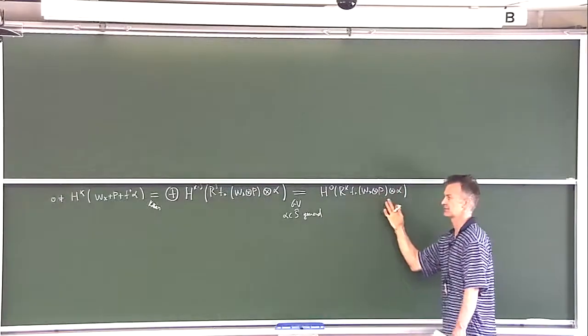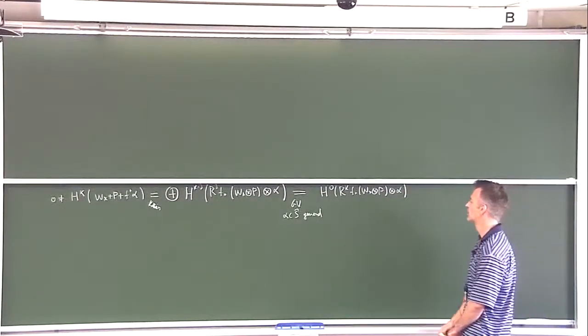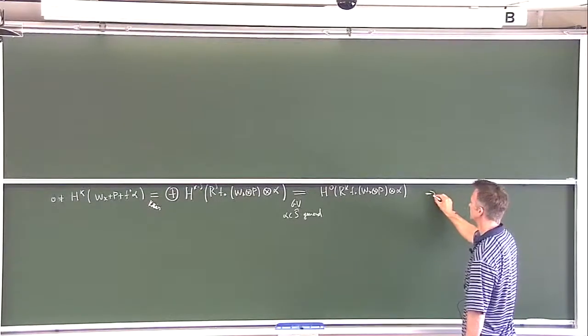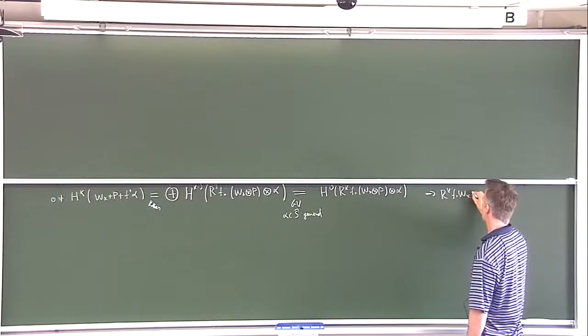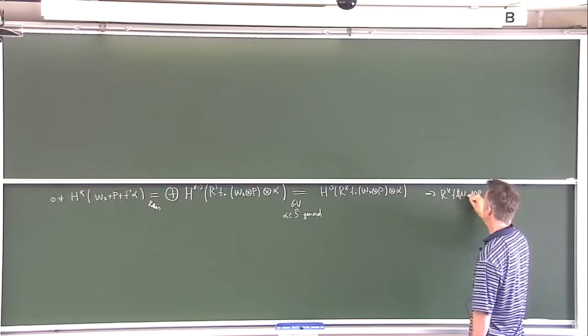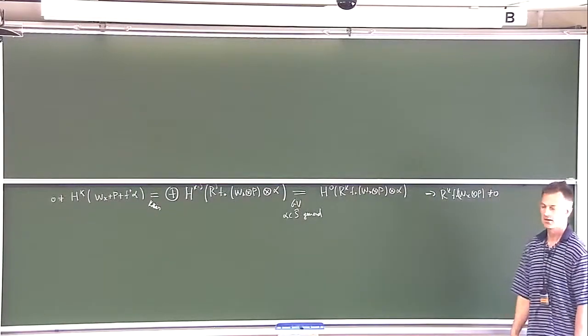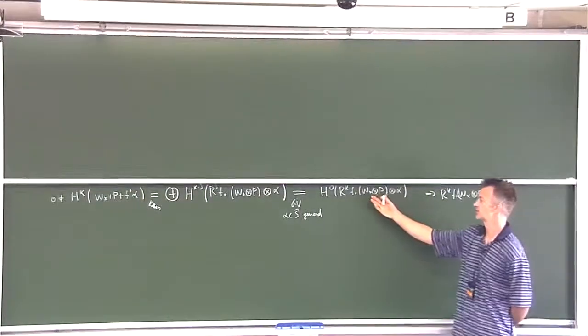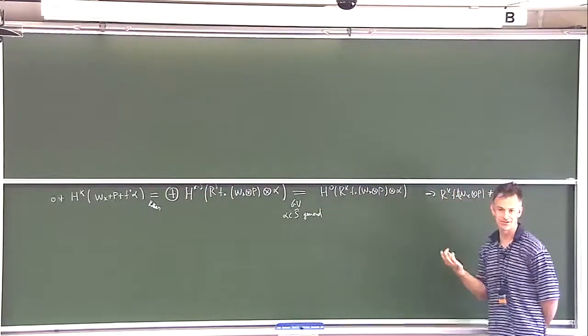So the only one that survives is the zeroth cohomology. Now this tells me in particular that R^K F lower star of omega X tensor P is non-zero. If a cohomology group of something is non-zero, then the sheaf has to be non-zero.